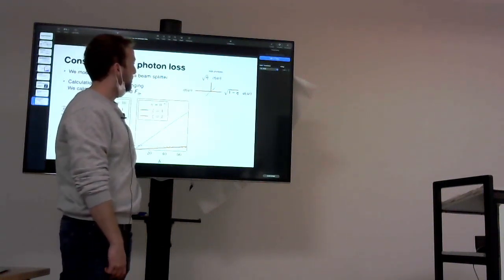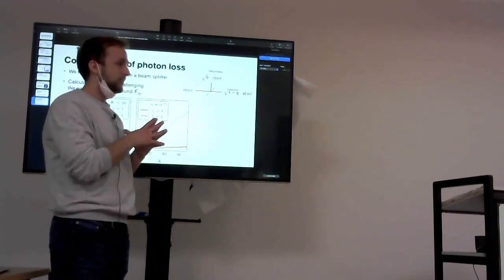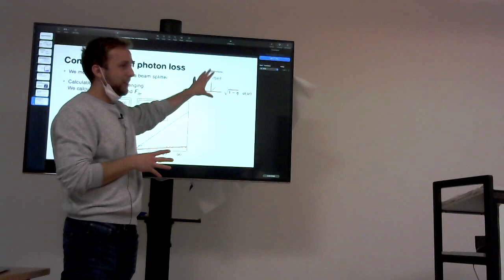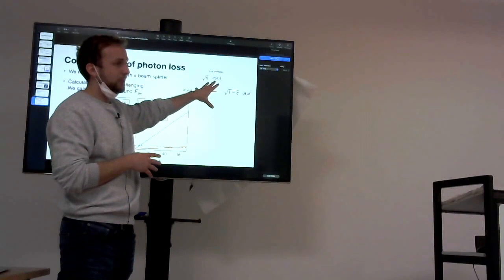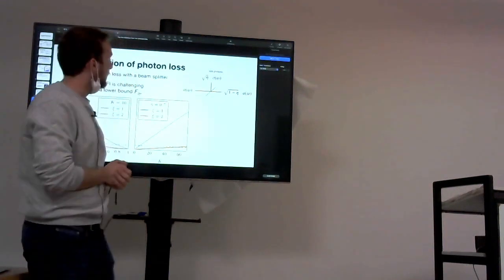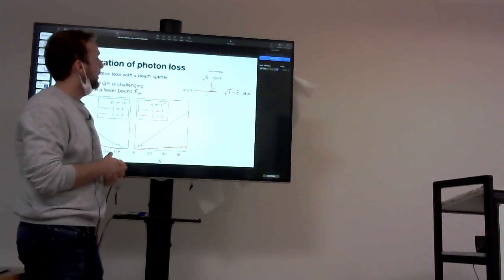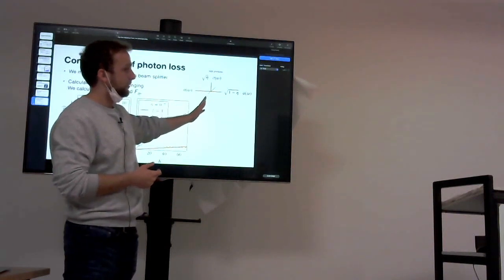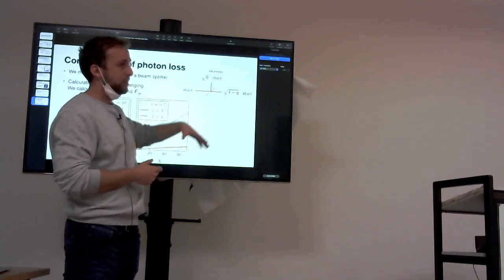Usually if you want to consider also thermal noise, then yeah. Right, that's important. But in this figure, I've just shown it like this. But you also have this fourth port, where you can add the thermal noise. We assume here that the vacuum enters, but later we will consider thermal noise as well.